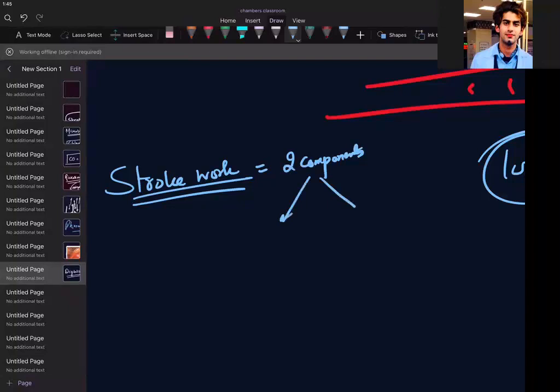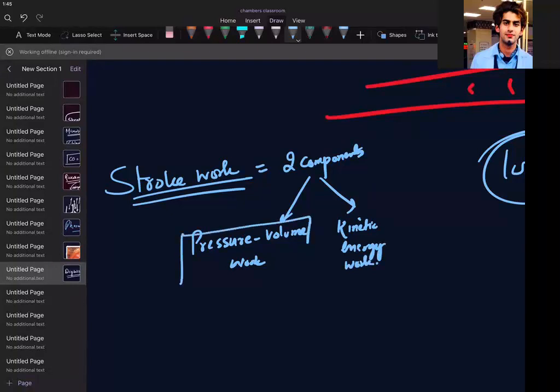One is called pressure volume work, and another is kinetic energy work. So one is pressure volume work, another is kinetic energy work.